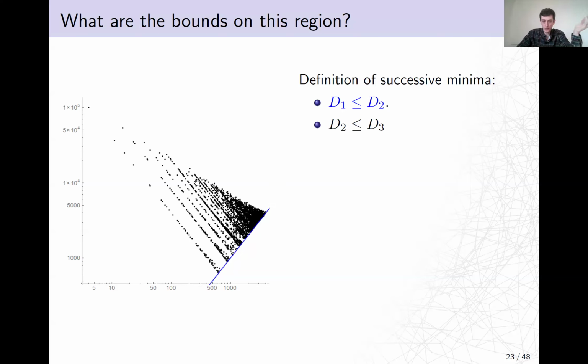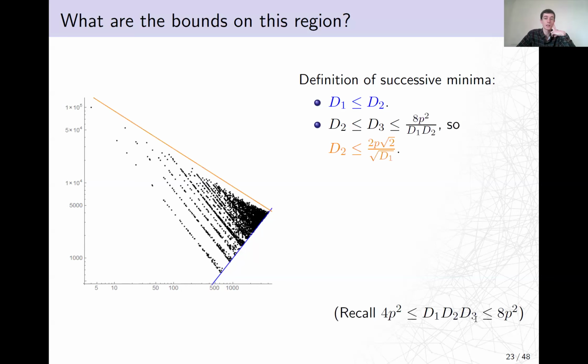Now, d3 doesn't appear in this picture, but of course, remembering that d1 d2 d3 is at most 8p squared, this allows us to find an inequality relating d2 to d1. Namely, d2 squared is at most 8p squared over d1. Now remember, we're in the log-log plot, so this square root of d1 is going to look like a line of slope minus a half.